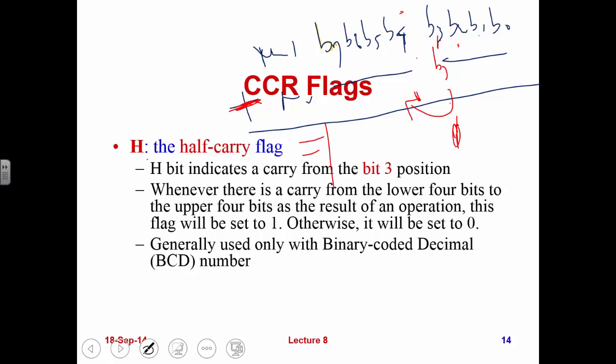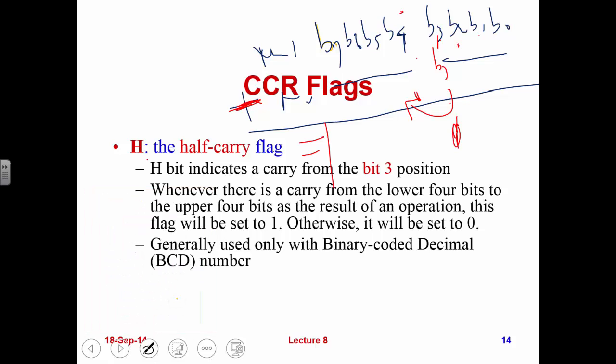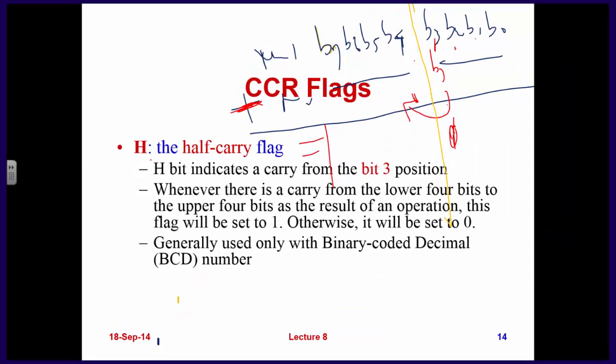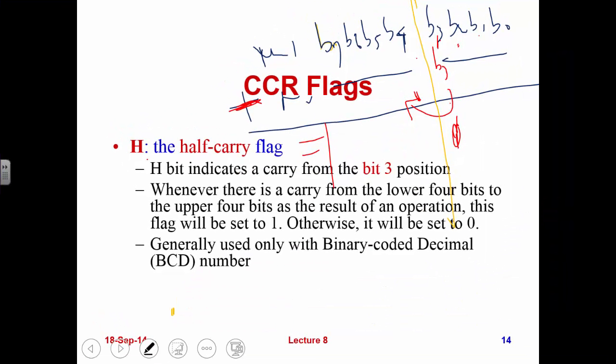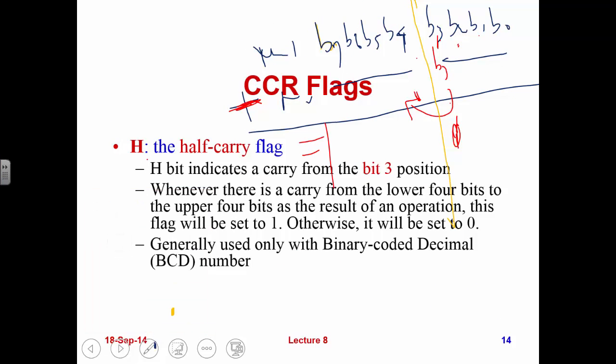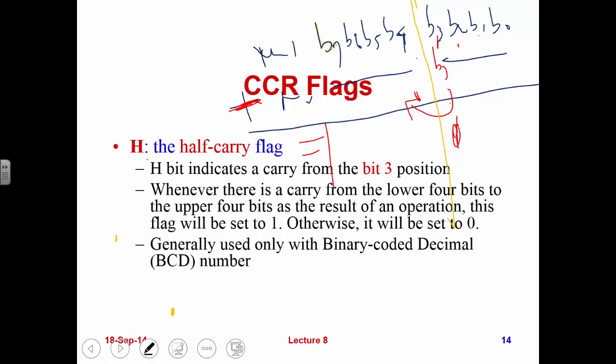So some people simply say this type of carry is a carry from this half byte to this half byte.